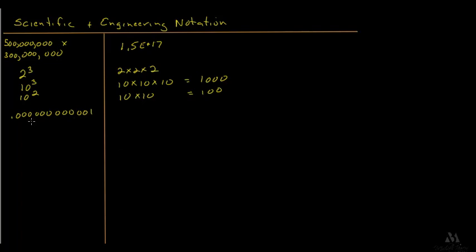How would we write this one out in scientific notation? Well, there's 1, 2, 3, 4, 5, 6, 7, 8, 9, 10, 11, 12 numbers total to the right of the decimal place. And so that would be 1 times 10 to the negative 12.